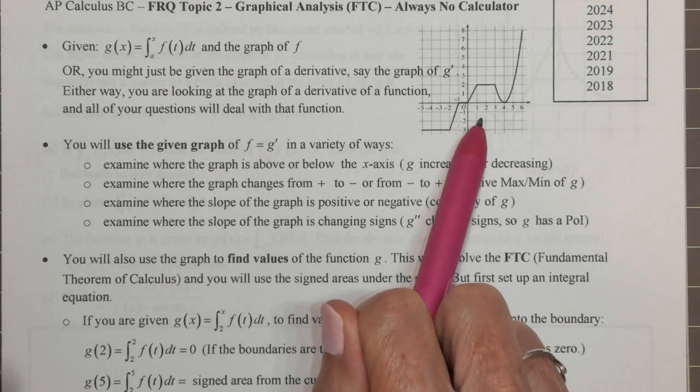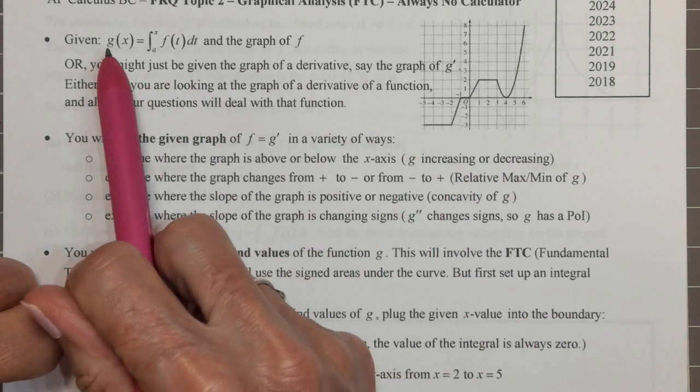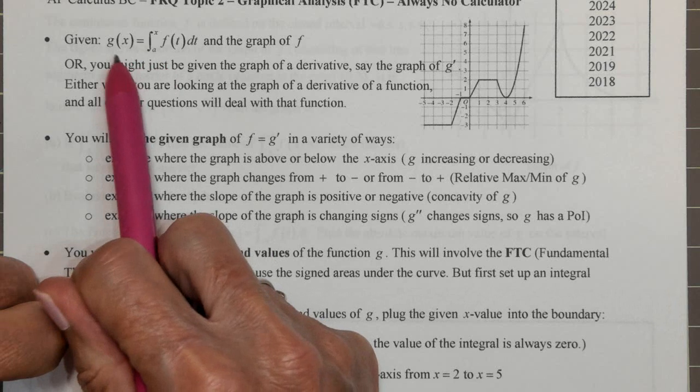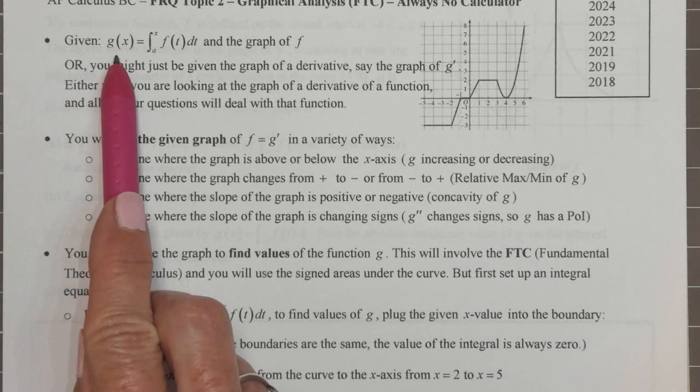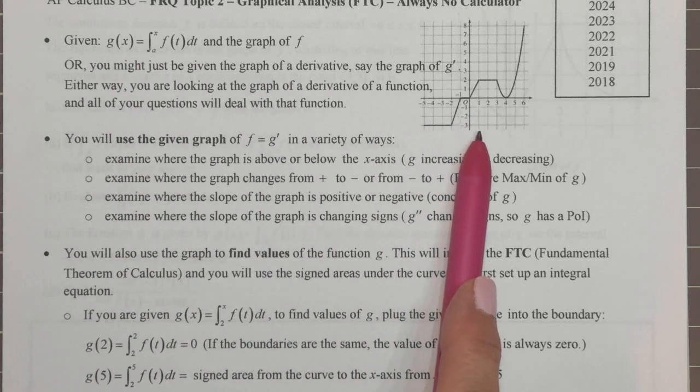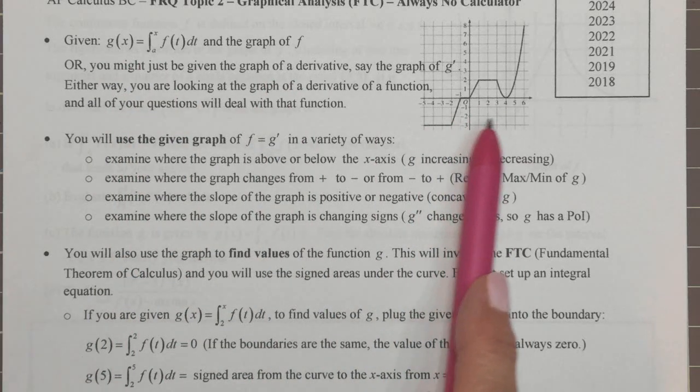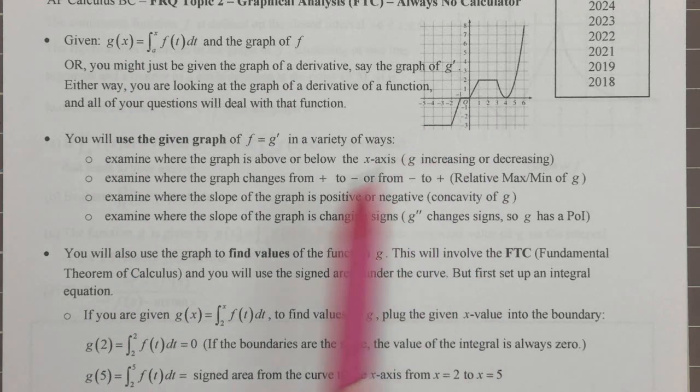Either it's the graph of a derivative, or they give you another function and say that it is an integral involving that function. You use that information in a variety of ways, all involving the function, either g or f if this is an f prime graph.